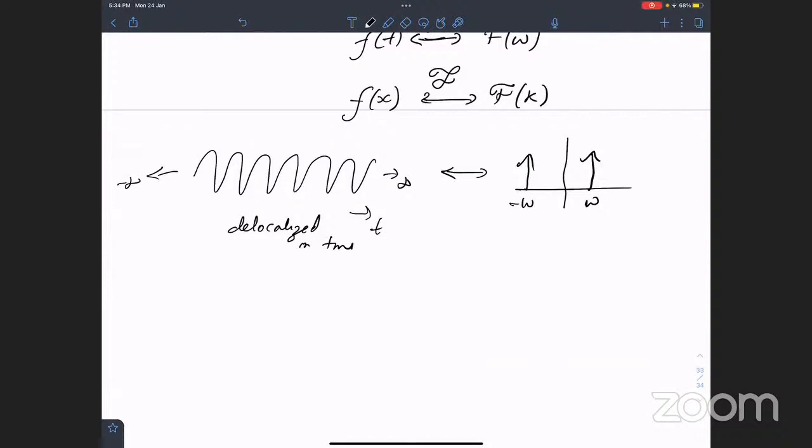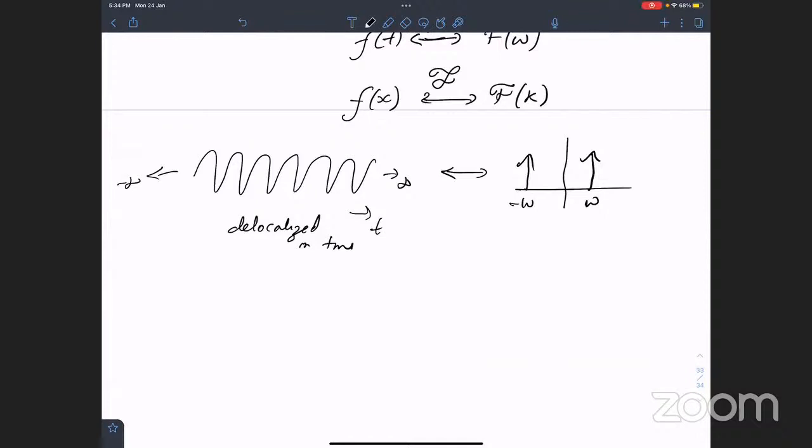If something is delocalized in time, then it is completely localized in energy.